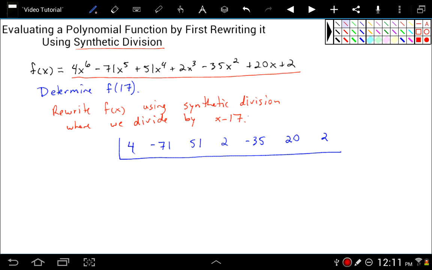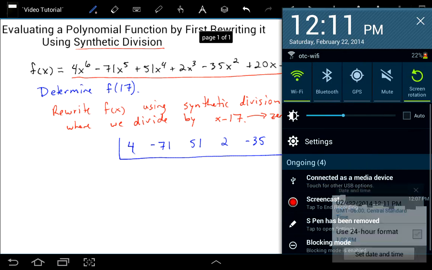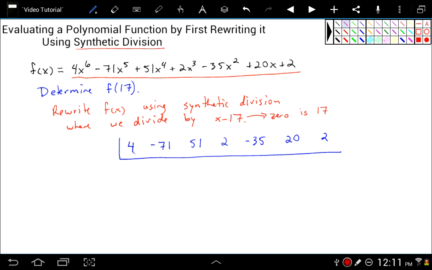The zero for x minus 17 is positive 17. So positive 17 is what's going to go here. Okay? And now I can go through my division to rewrite f of x.